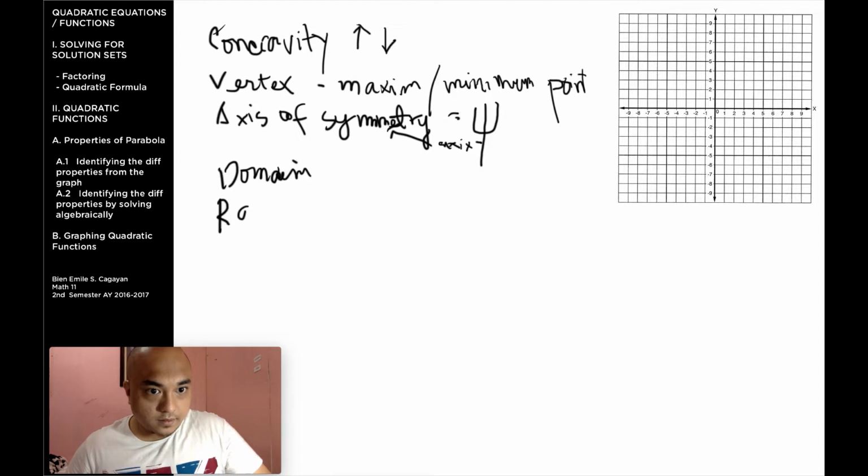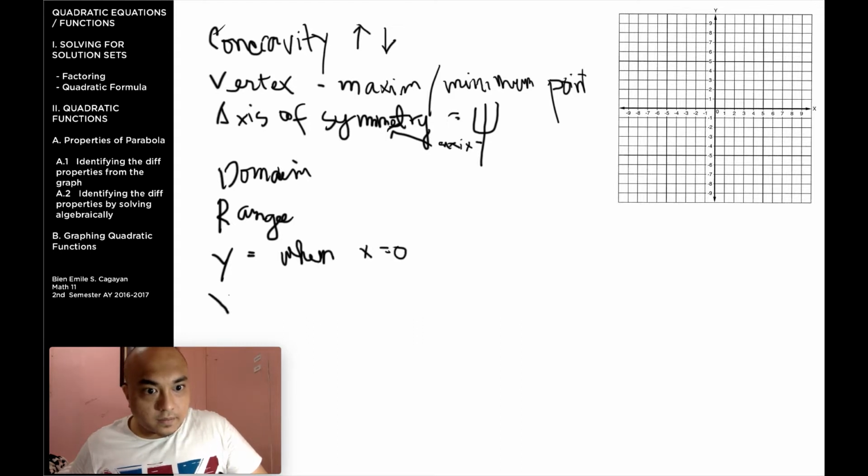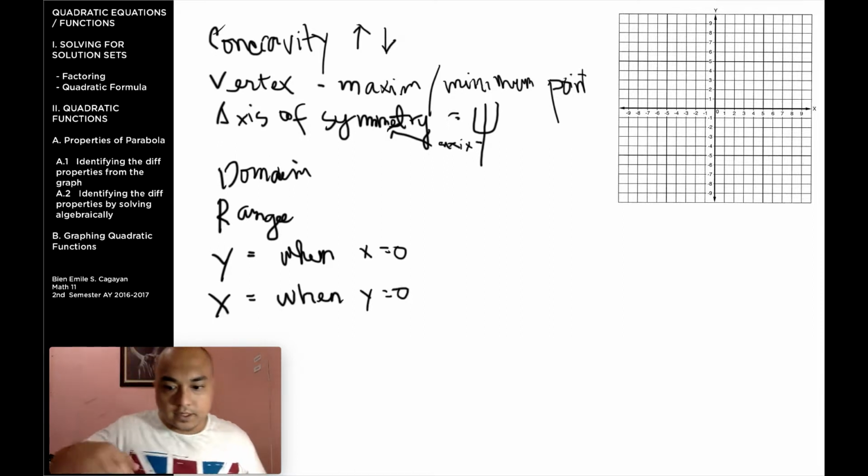The range: all possible values of y. The y-intercept, which is the value of y when x is 0. And the x-intercept, which is the value of x when y is equal to 0.